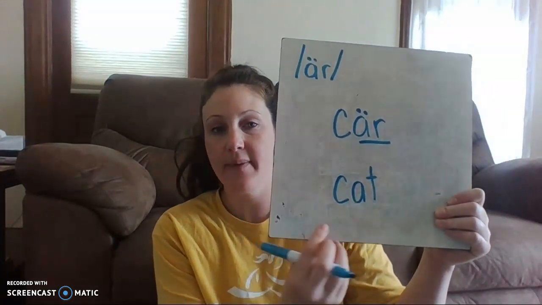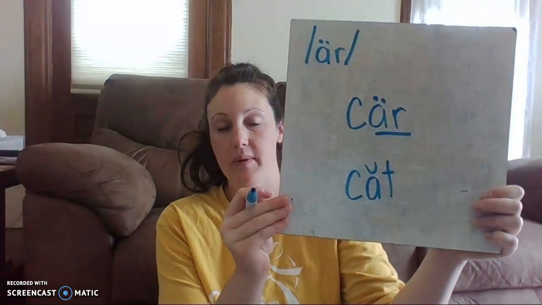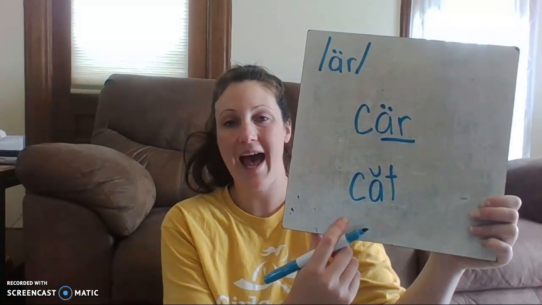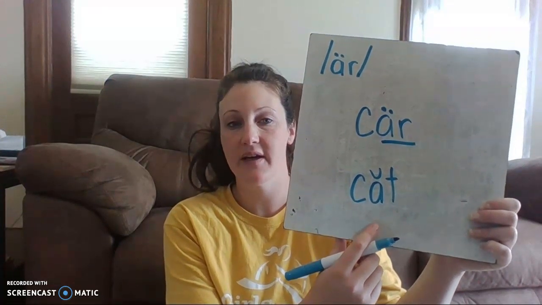You should say yes, because in cat we have K, A, T, C, A, T, and the A is making its sound. So I would code it with a breve, because all of the letters are making their own sound. C says K, A says A, T says T.